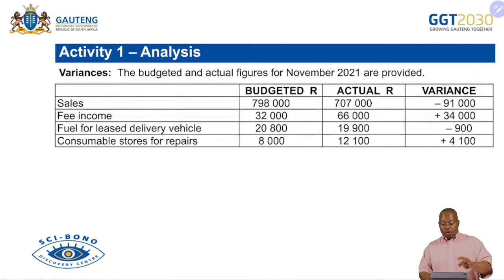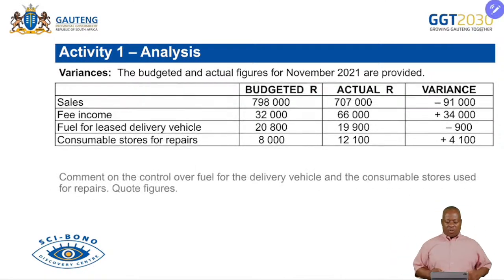So when we are looking at fuel, it's not only fuel that we have decreased by 900 that matters, but fuel in relation to sales. When we're looking into consumable stores, we are not just looking into the increase from 8,000 to 12,000 only. No, we are saying in relation to the fee income that is coming from that.